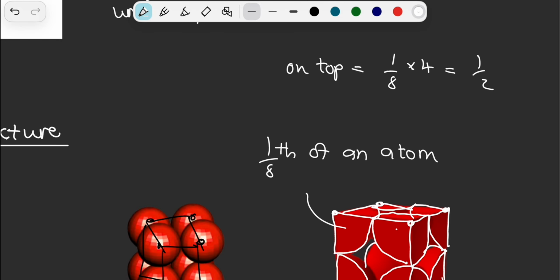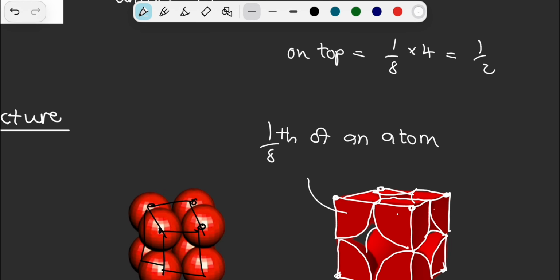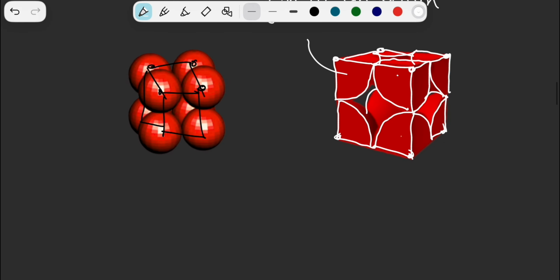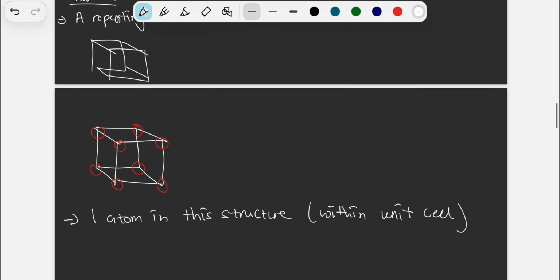So 1/2 of an atom is on top. And at the bottom you also have 1/2 of an atom. Together they make 1 atom. So basically 1 atom is contained within each unit cell. That's quite important for you to think about.